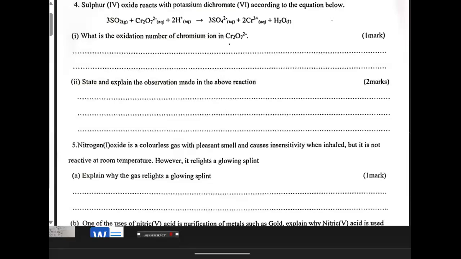So as long as there is heat and the gas contains oxygen, the heat decomposes the gas and gives out the oxygen that supports combustion. So what is the answer? The heat decomposes nitrogen 1 oxide to nitrogen and oxygen, and oxygen rekindles the glowing splint.